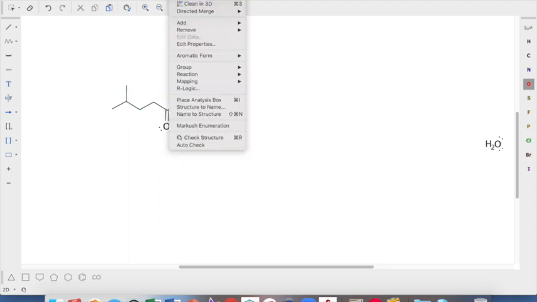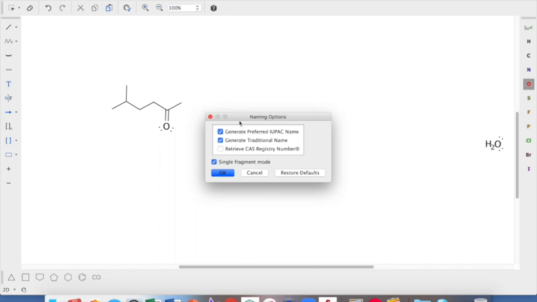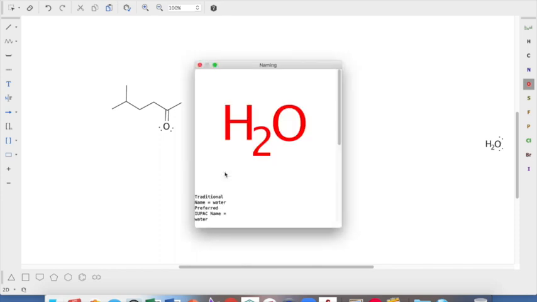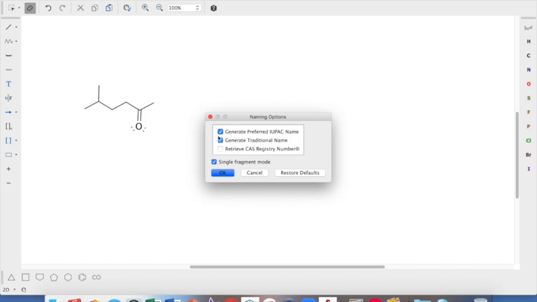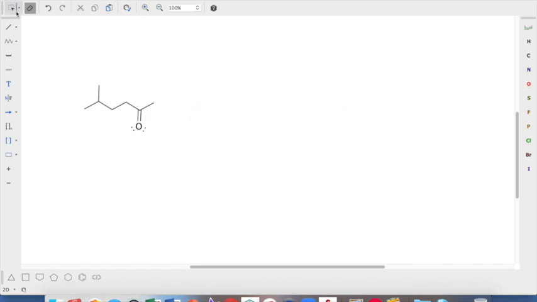I'm going to guess it's going to count in the way that gives the ketone carbonyl carbon the lowest number. Let's go structure to name. Oh, it's naming the water over here. Let's get rid of that water.